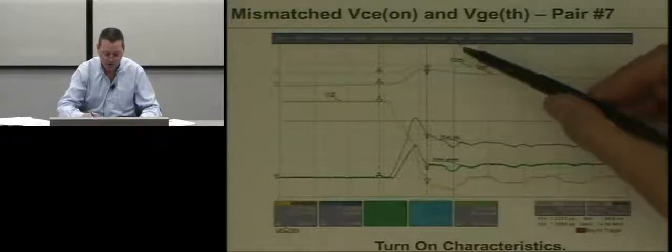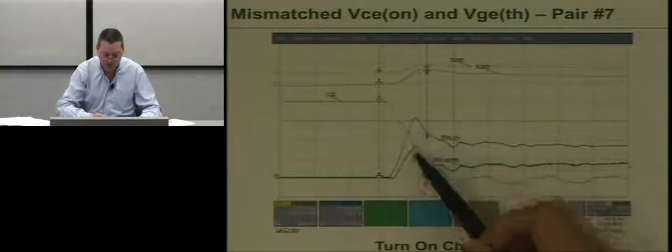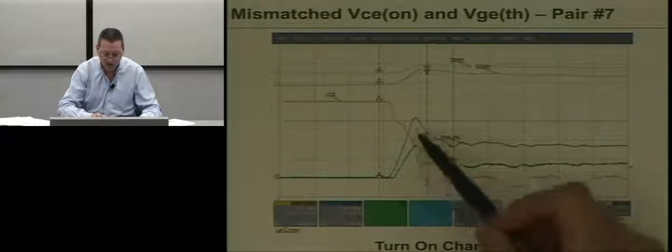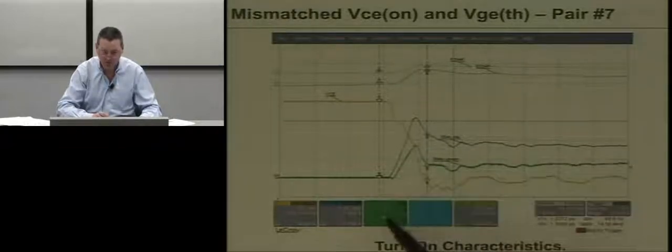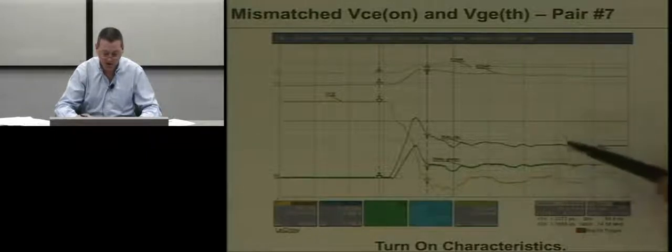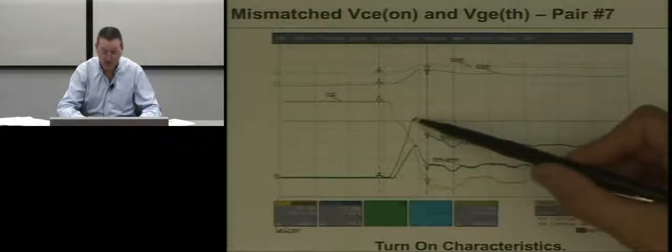This you can ignore, but here's the VCE on as these devices turn on, and here are the individual currents between those mismatched devices. And you can see a 2-to-1 difference, but worse than that, the device that takes the most current also has much higher switching loss.